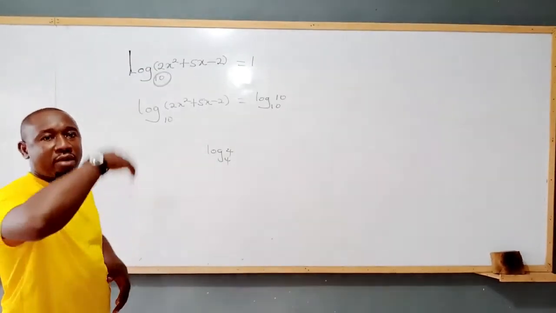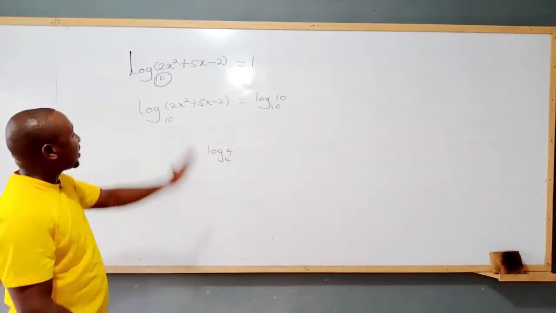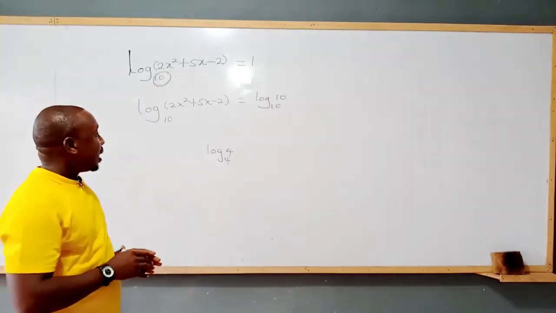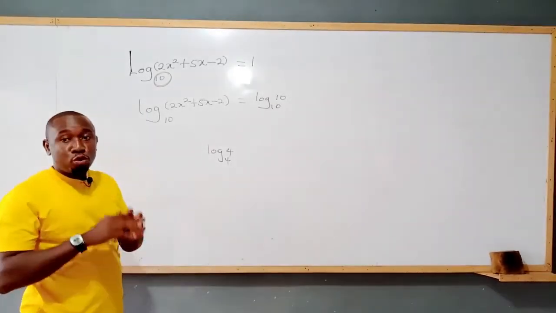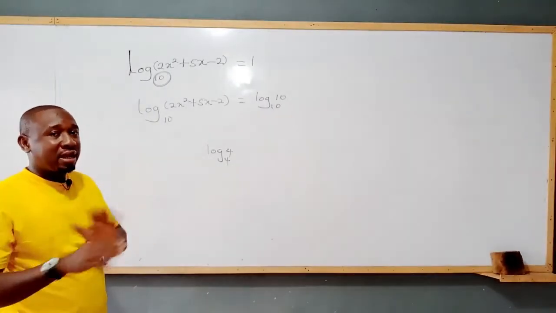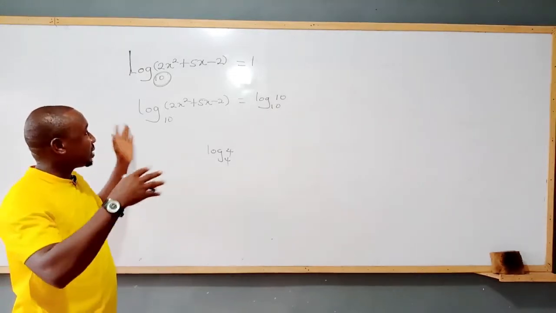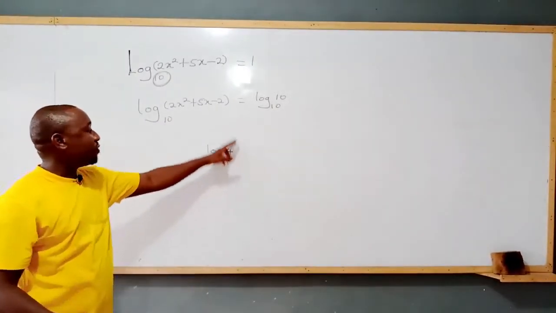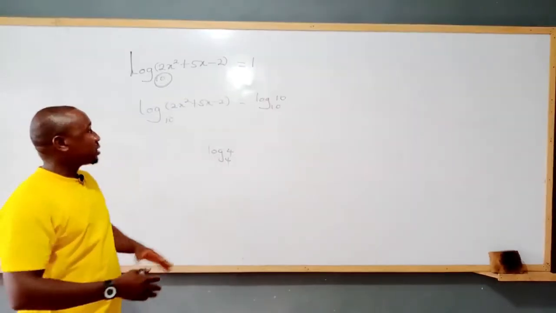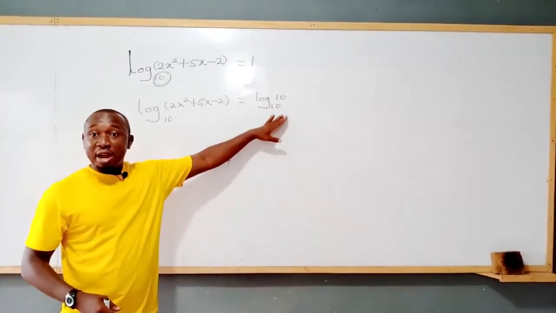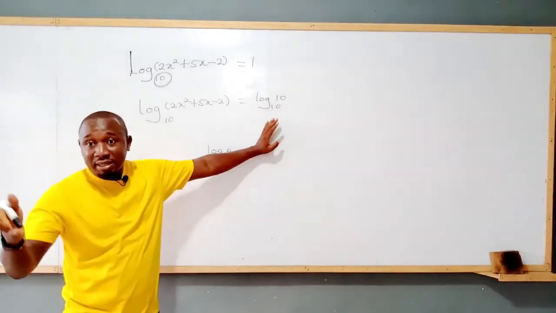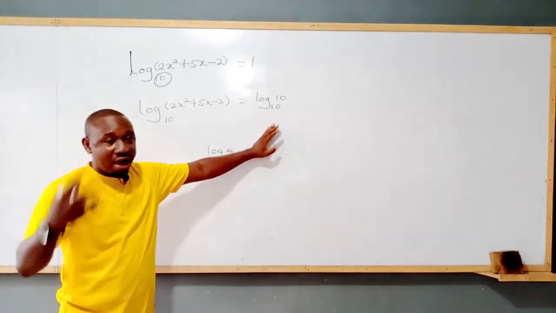We want to express the right hand side and the left hand side to have the same base. And at the same time, we should not commit any mathematical error. In fact, we have not committed any error by writing 1 as log 10 to the base 10 because the property gives us the right to do that.